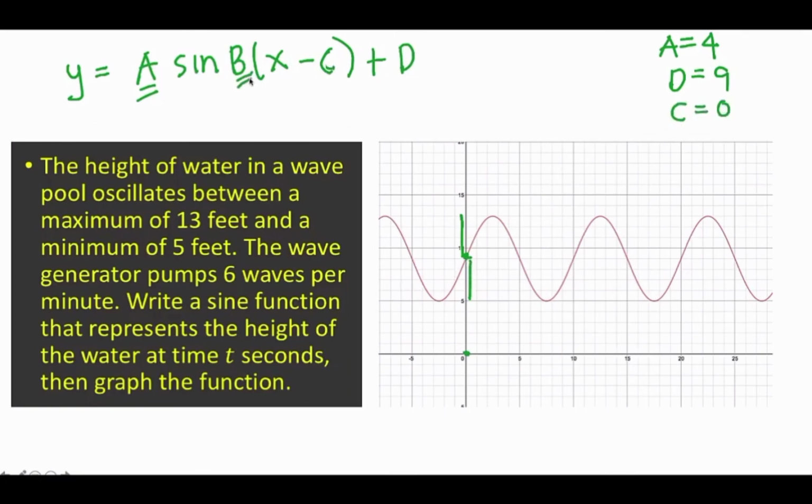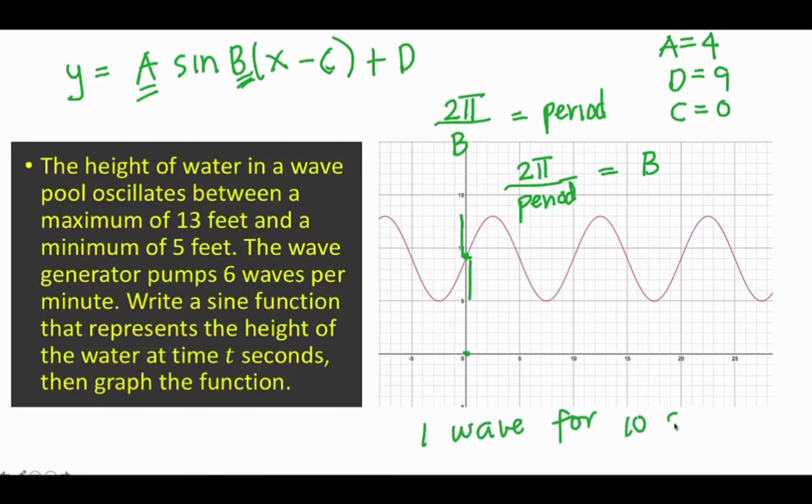Now, how do we determine the b? We said that the period of the graph is 2 pi over b. That is equal to the period. Or similarly, we have 2 pi over the period is equal to b. But a while ago, we said that there is 1 wave for every 10 seconds. So it takes 10 seconds to complete 1 cycle. That means our period is 10 seconds.